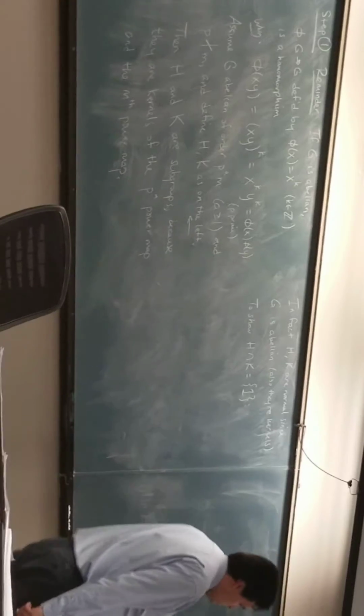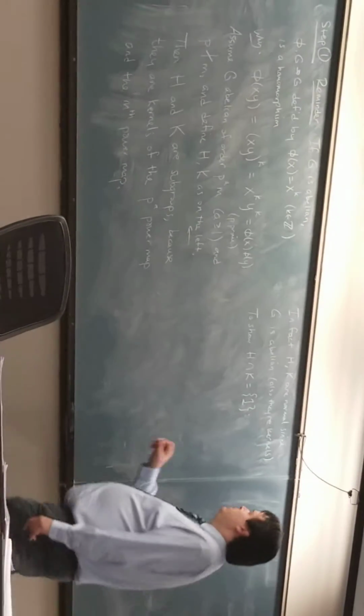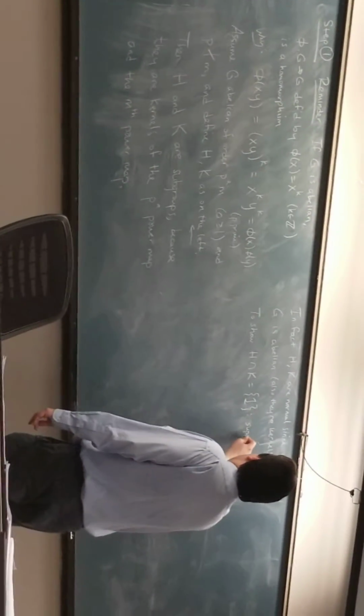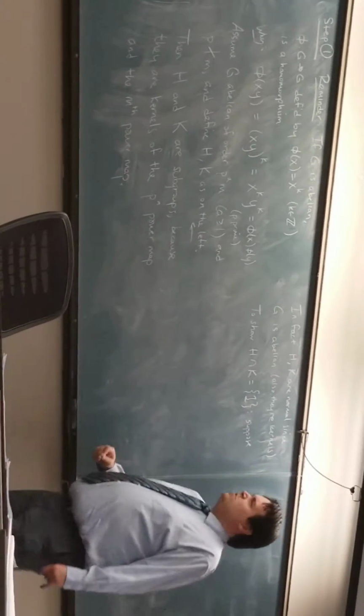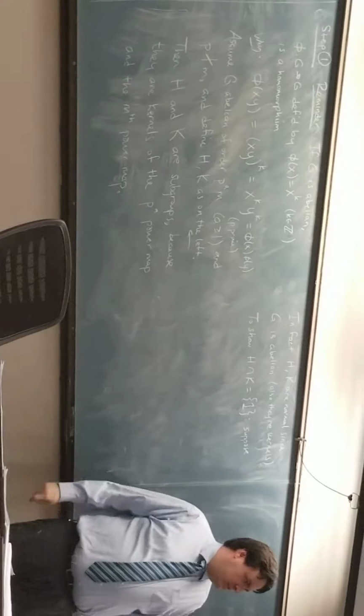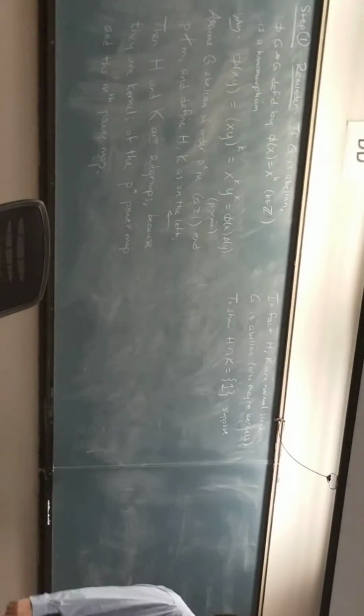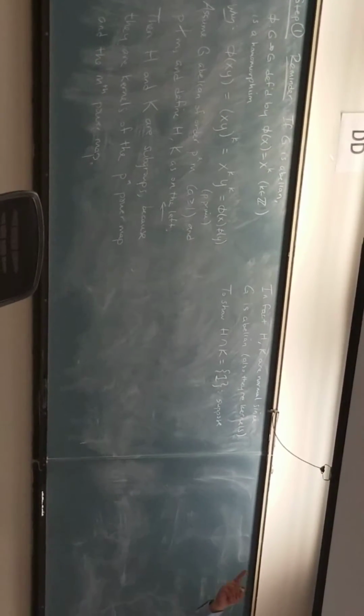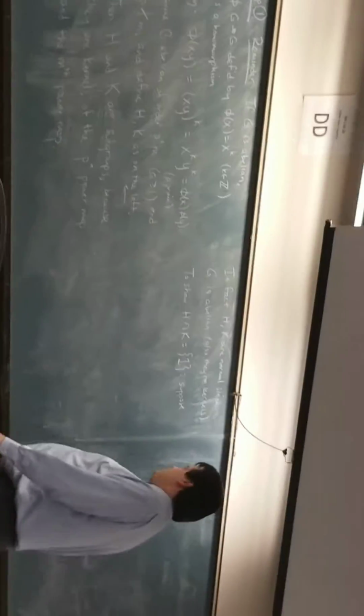Let's suppose, well, first of all, does the identity have to be in H intersect K? Yeah, two reasons really. One is that each of them is a subgroup, so each contains the identity. The other reason is that the identity to any power is the identity, so of course the identity will be in both H and K. So I'm going to leave that part off.